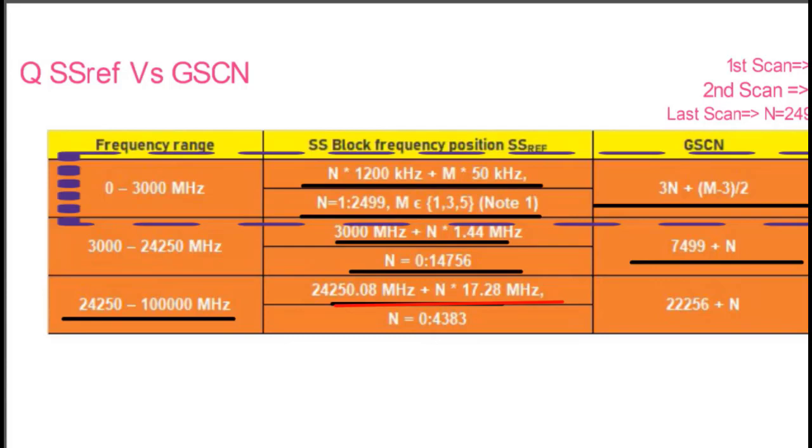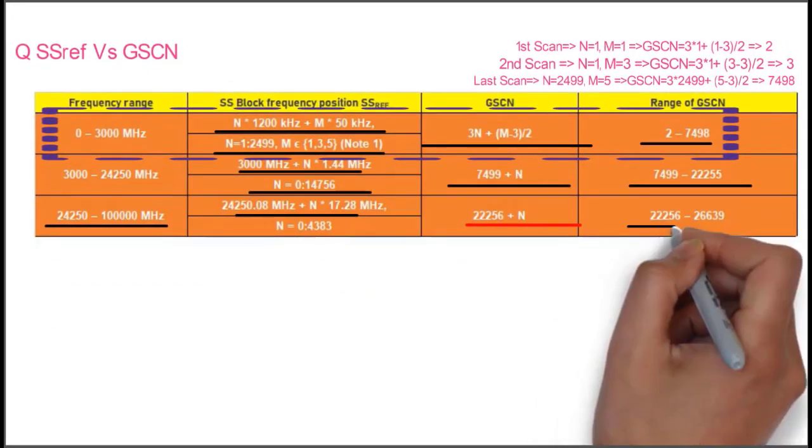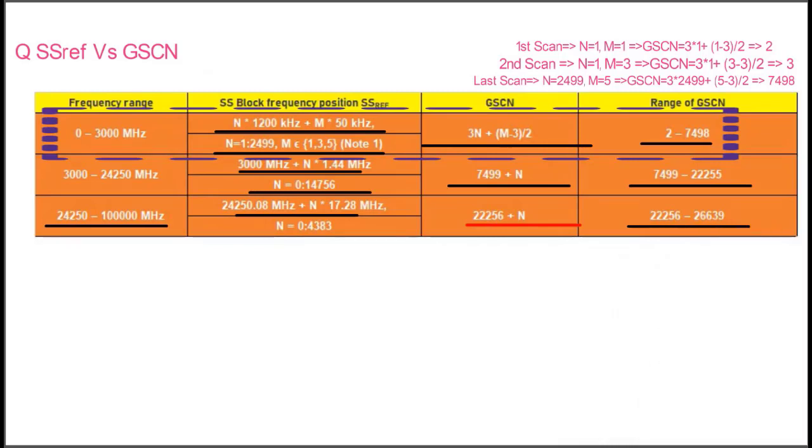The N value belongs to 0 to 4383, and the GSCN formula is 22256 plus N. So the range of GSCN is 22256 to 26639.